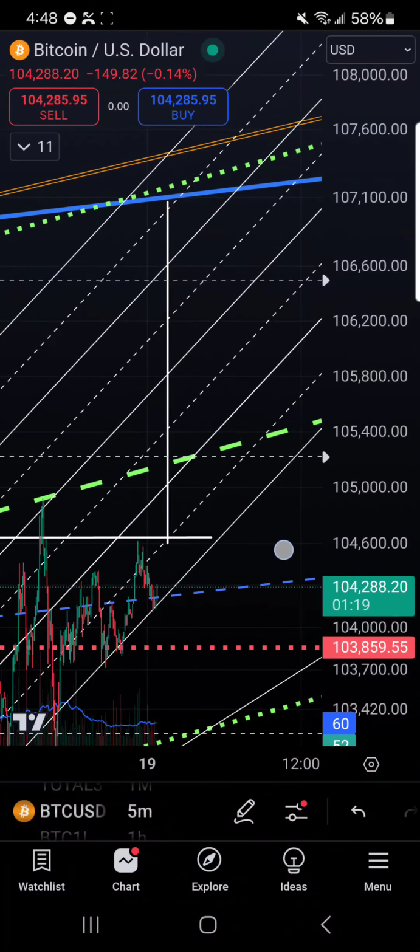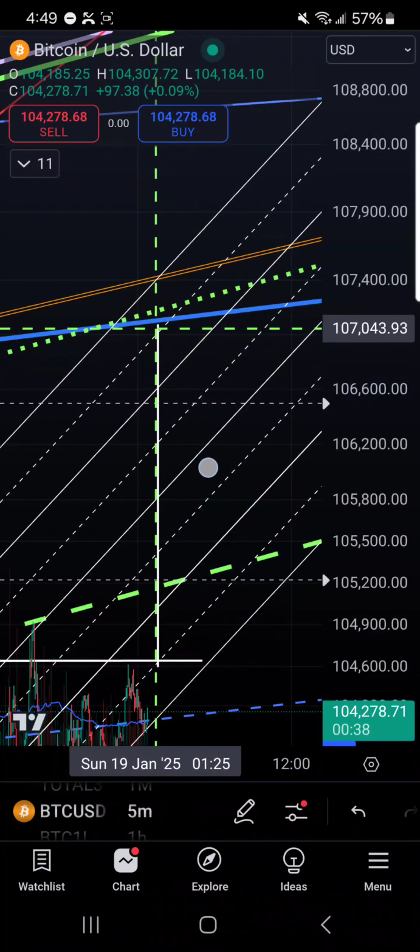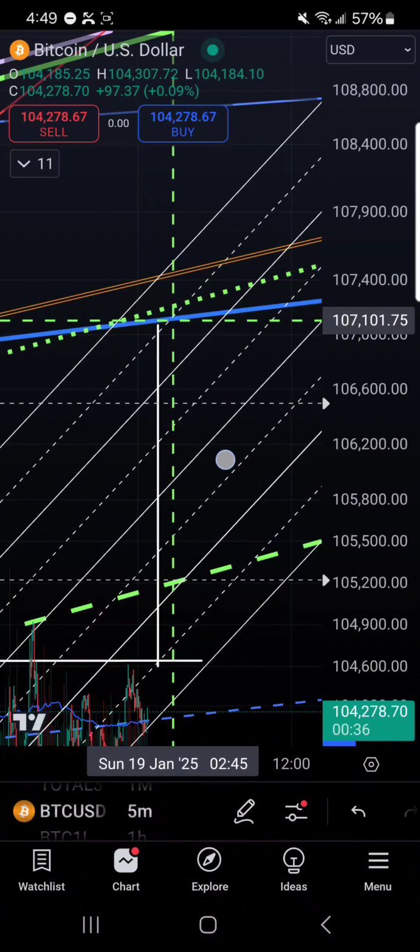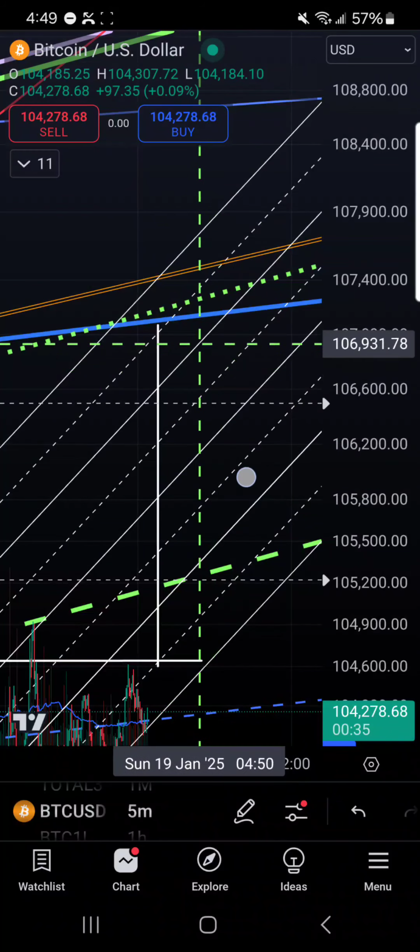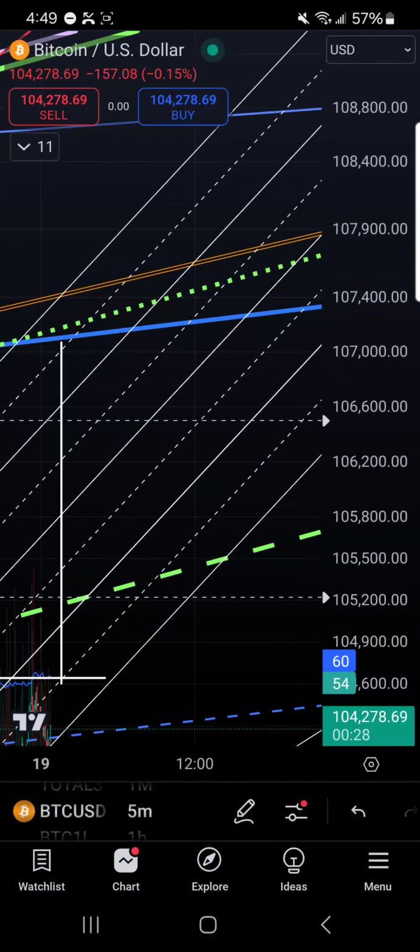So there is a possibility of forming another gap if we do pump up here before CME futures opens tomorrow and maintain this range up here, or go even higher heading into the election.